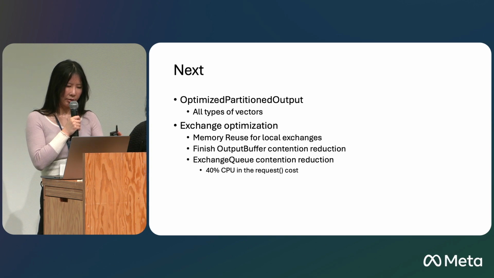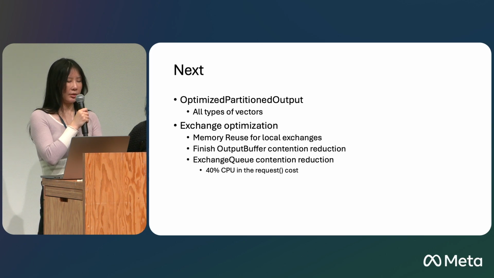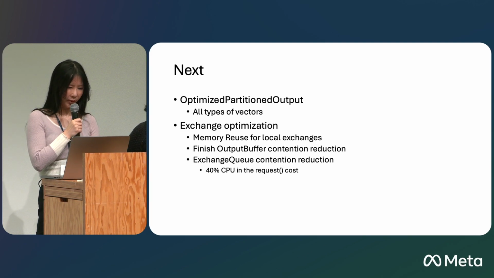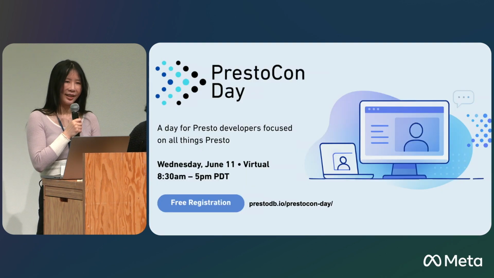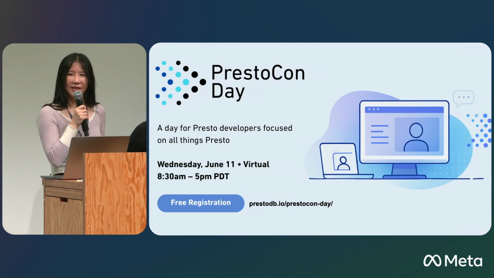And also, like I said, the output buffer and exchange queue contention. I'm still working on it, and I still have some bugs to fix. Okay, that's the end of my presentation. Thank you.